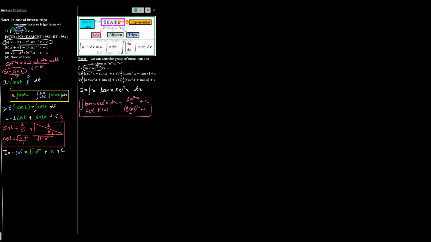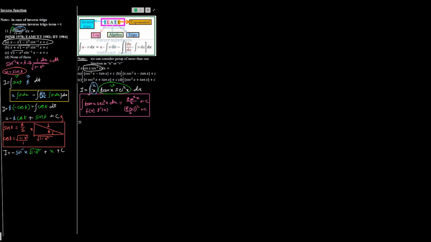So we are going to use this formula to integrate tan x sec square x. So we have to consider the tan x sec square x whole term as v and x will be your u. Okay, so let's apply the formula.